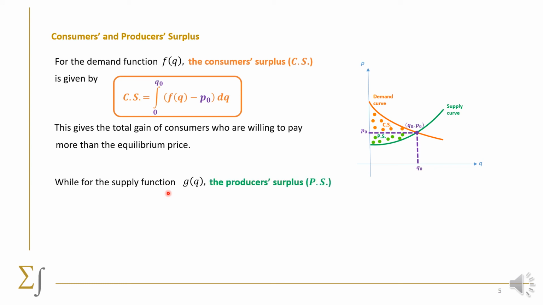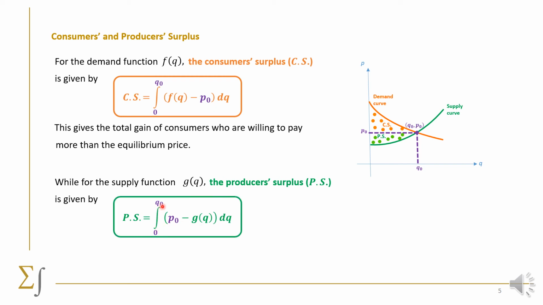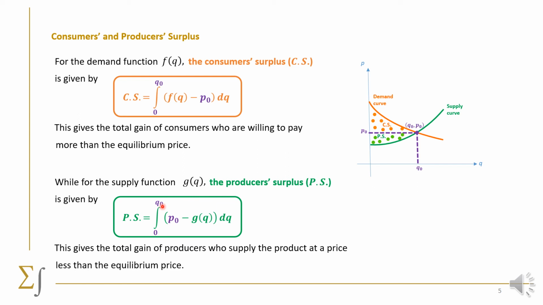The producer surplus is given by this relation, which is the integral of P node minus G of Q, dQ. Integration is done over the interval from 0 to Q node. And this also gives the total gain of producers who will supply a product at a price less than the equilibrium price. Now we see together the following example.